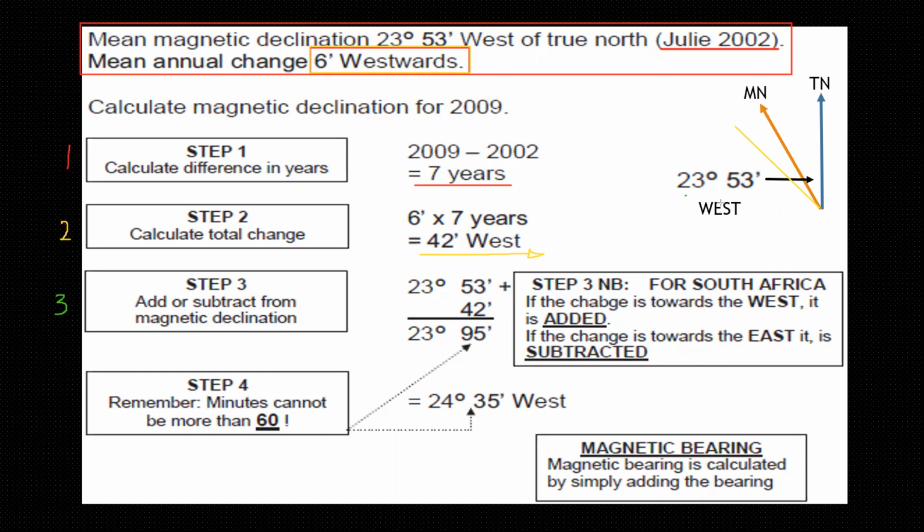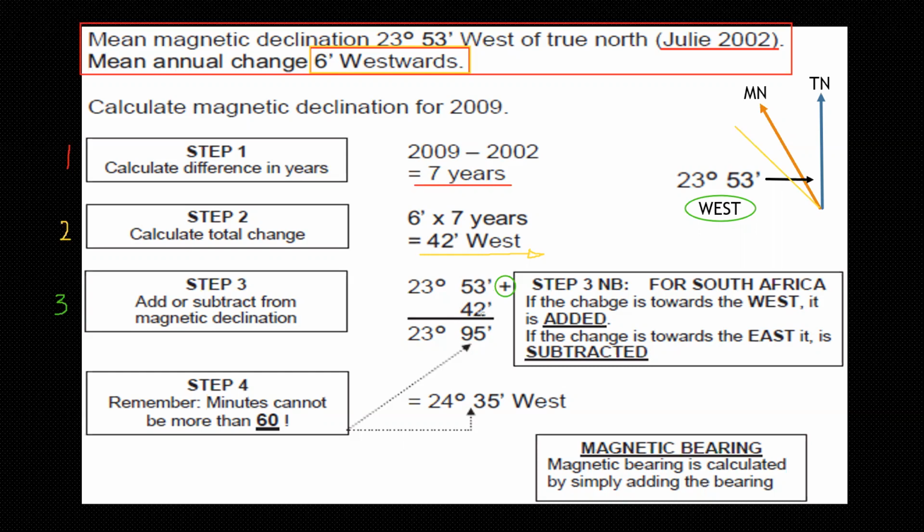So for our example, we were given a west. So we know that west is going to be adding. So we add your previous magnetic declination of 23 degrees and 53 minutes to the west, and we add on our total change that has been taking place over the last 7 years, which will be 42 minutes. And we need to add these together.